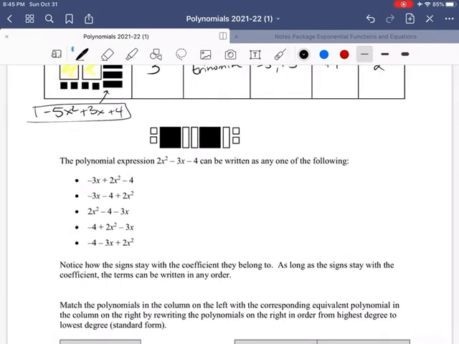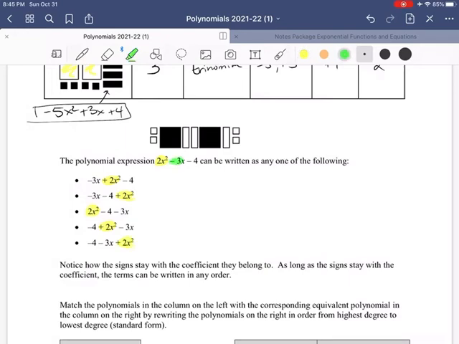The polynomial expression 2x squared minus 3x minus 4 can be written as any one of the following. All right, so let's just take a peek here. So we've got positive 2x squared. Scanning through the list, this is still positive 2x squared, still positive 2x squared in that one, still positive 2x squared, and finally, still positive 2x squared.